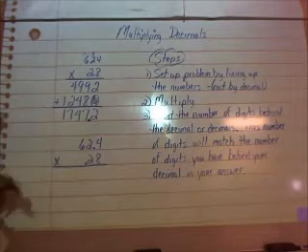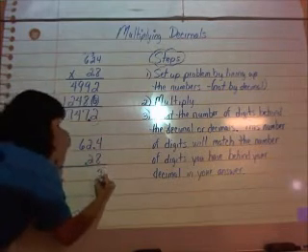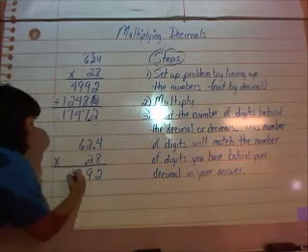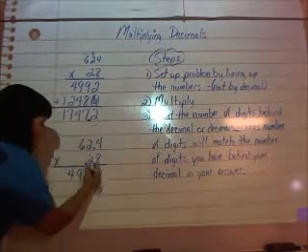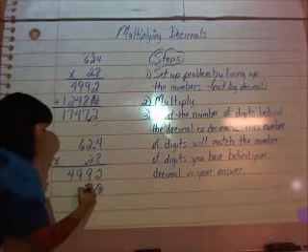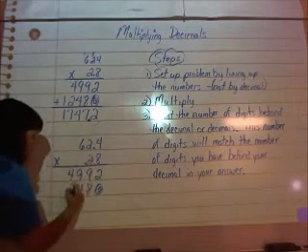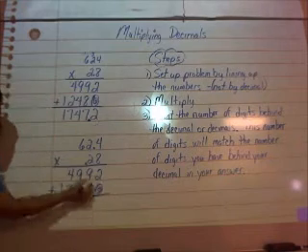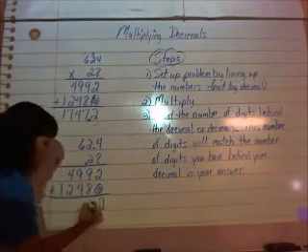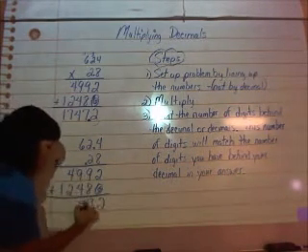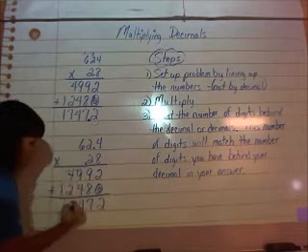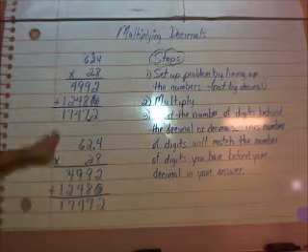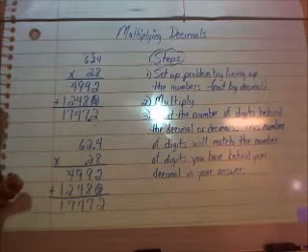So the multiplying should be easy. 2 times 4 is 8. 6 times 2 is 12. Again, I'm being very careful to keep my numbers lined up. So we have 2, 17, 14, 7, and 1.